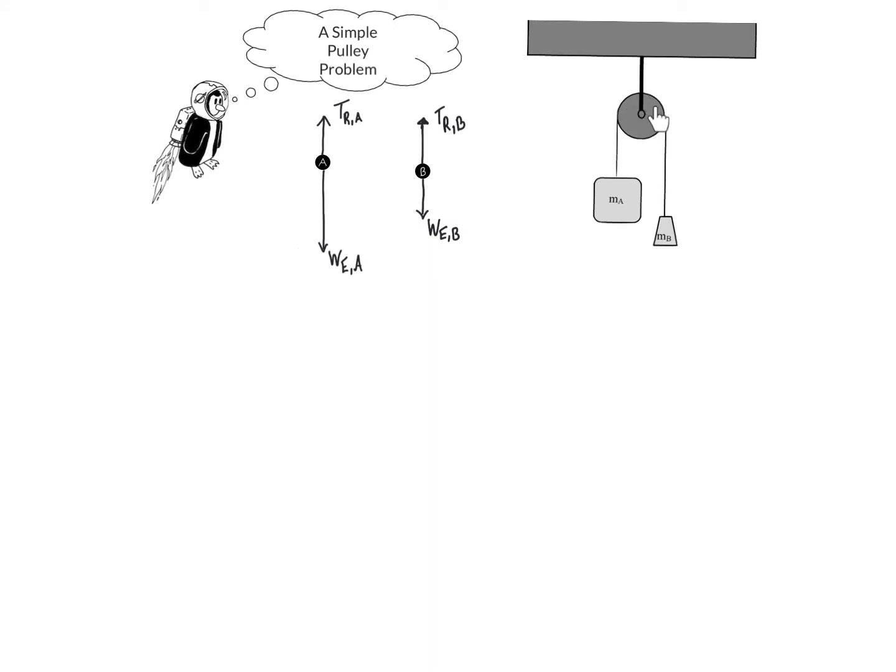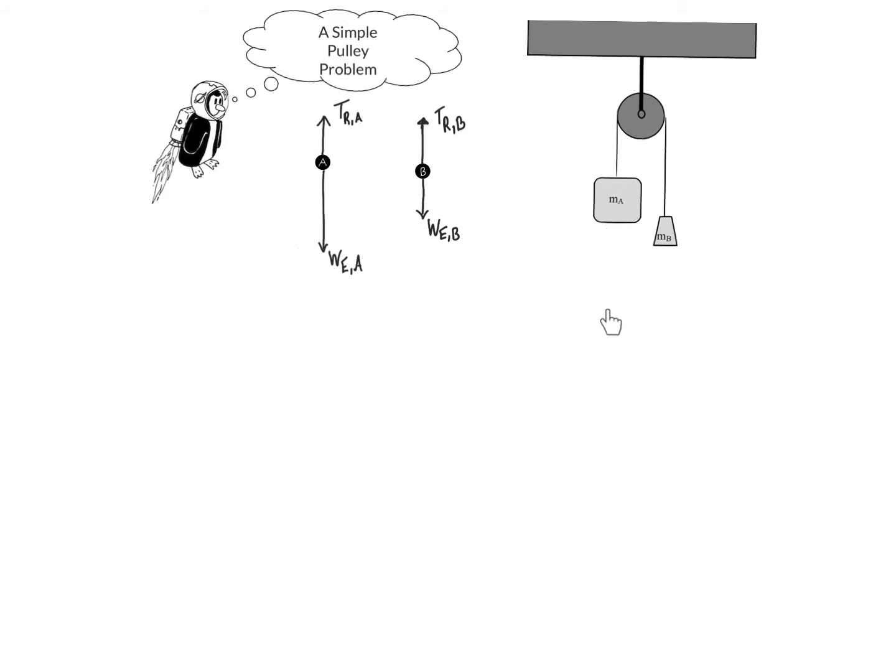So keep in mind, a pulley really just redirects the force. If it's a pulley hanging from the ceiling, we go from a positive y direction to a negative y direction. Or if it's off a table edge or something, we do a 90-degree turn. So the pulley is redirecting our force.